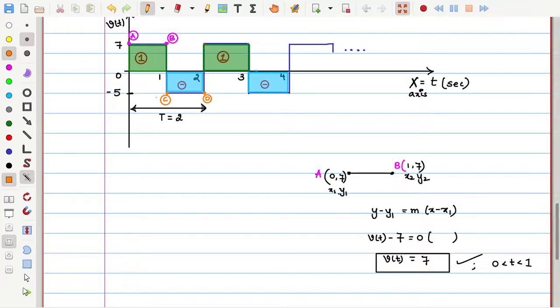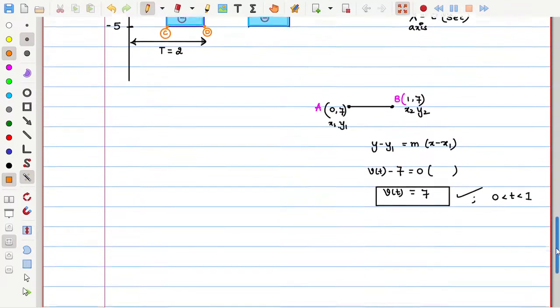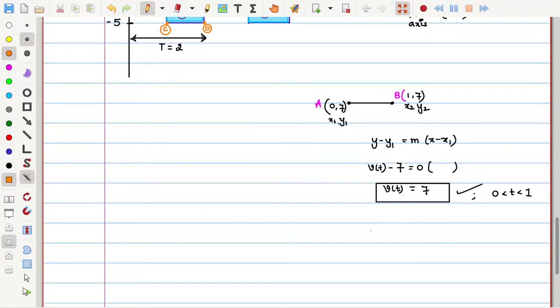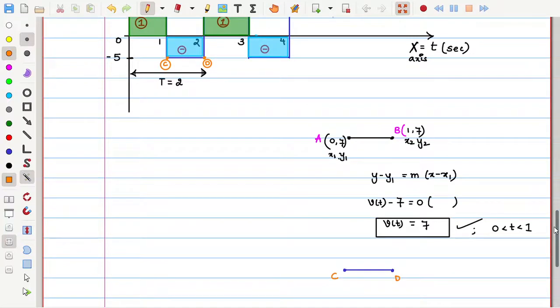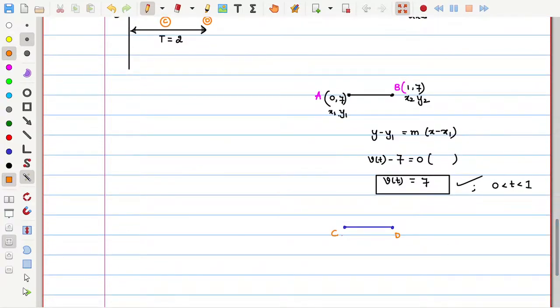Now let us check again the line equation for CD. Tell me what are its corresponding coordinates. Where C exists, what is its x coordinate? 1. Y coordinate? Minus 5. So (1, minus 5).